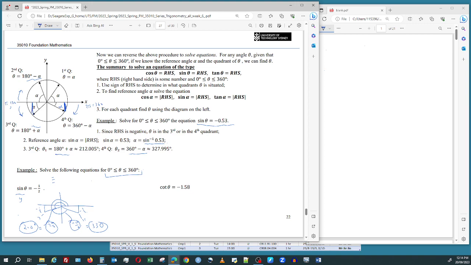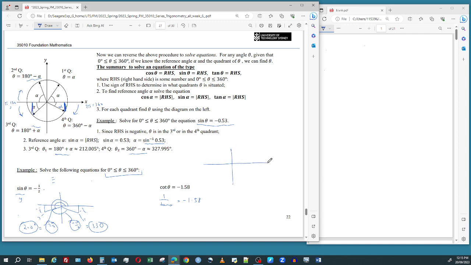All right, for cot, it doesn't lend itself to being analysed in terms of exact values trig, but all we need to do is consider when is tan, because remember this is tan theta, 1 over cot is minus 1.58, and where is rise over run? Rise over run's positive here, y over x.